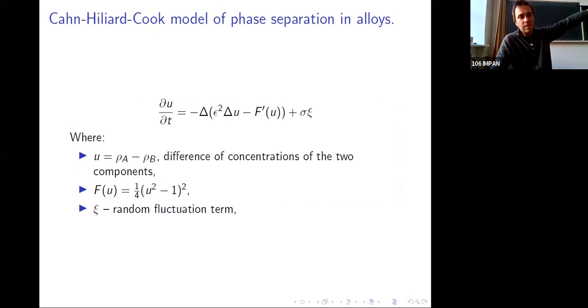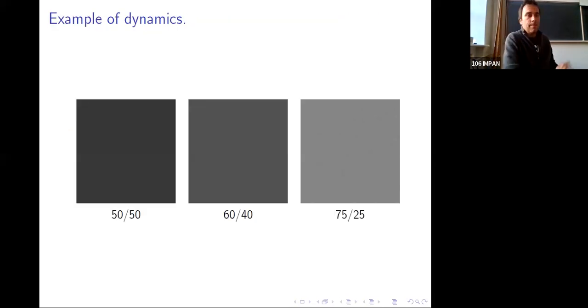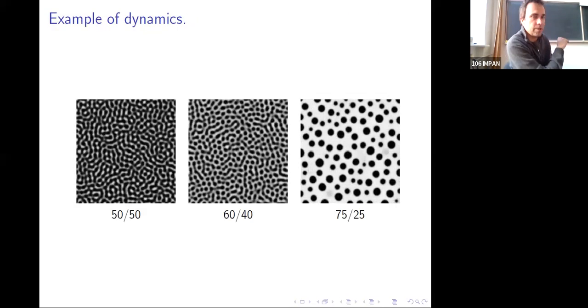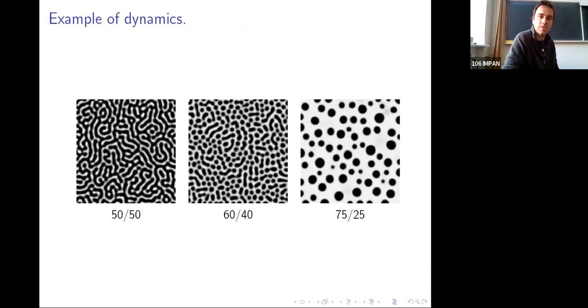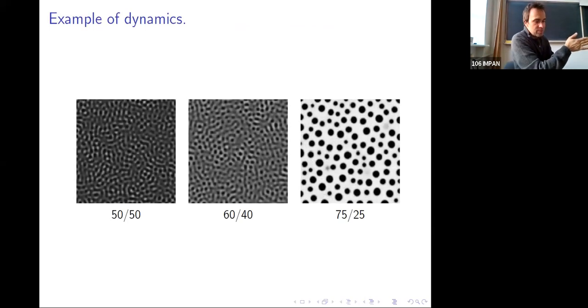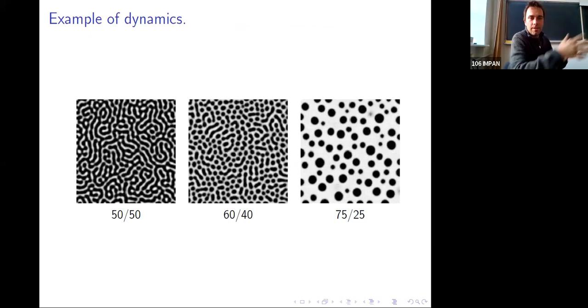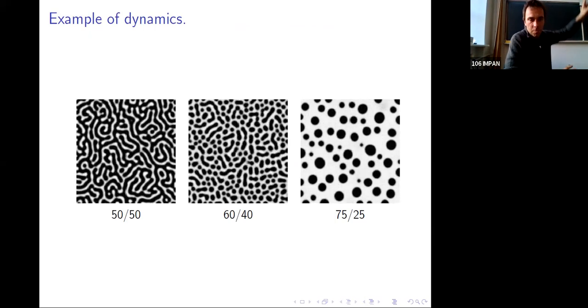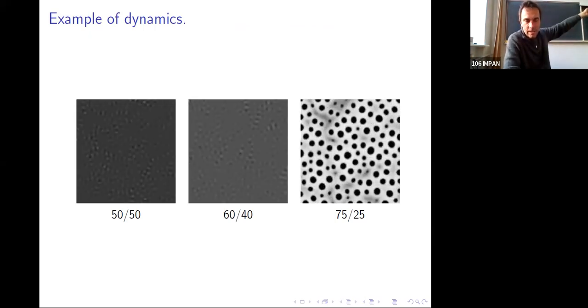If it's getting towards -1, then we have only one material. If it's getting to +1, we have the other material. That's essentially what this plot illustrates, and it visualizes the solution in time as time progresses. Starting from one mixed material, we see the phases separate. Black means one material, white means the other material.